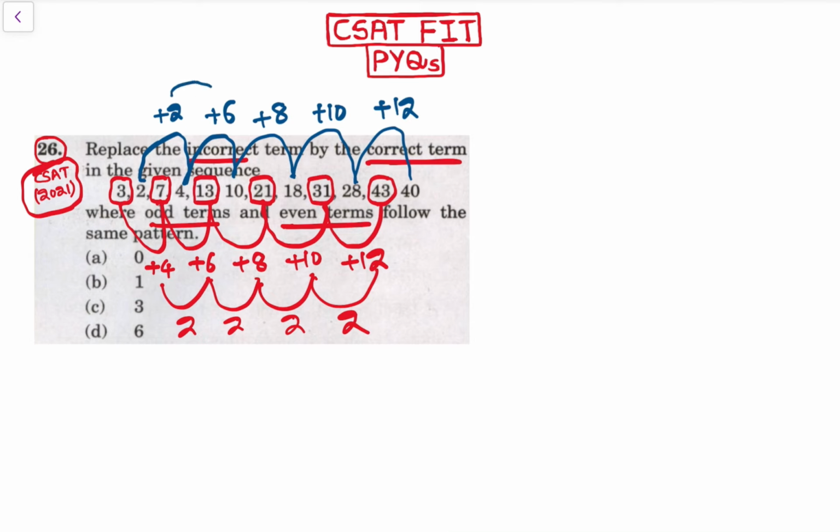Now if we see 2 plus 4, 6 plus 2, 8 plus 2 and 10 plus 2, right? So plus 2, plus 2, plus 2 and so on is happening, right?